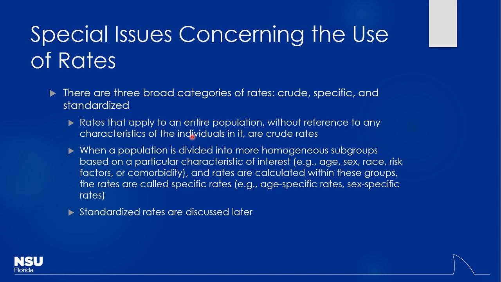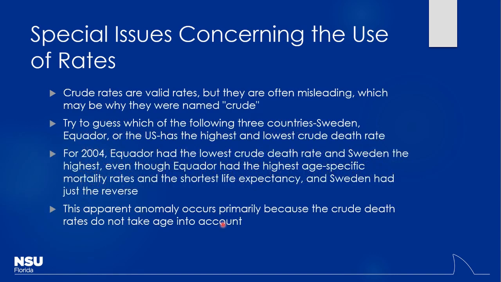What if you wanted to look at MI in children versus adults? That would be an age-specific rate. Okay, so it's kind of the difference. When you start to control for some of these factors there, that's when you get into more specific rates. And again, when they get divided into more and more homogeneous subgroups with particular characteristics that matter depending on the disease state, depending on what you actually care about, that's when you start getting those specific rates there. We'll talk about standardized rates a little bit later.